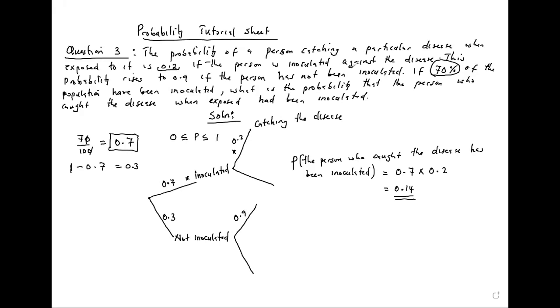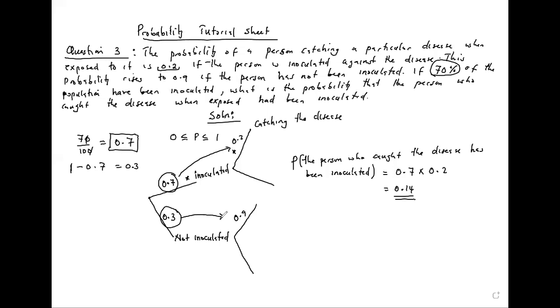So you first go for the population. How many people do I have? We have 0.7 inoculated, 0.3 not inoculated, so that the total is 1. From there, of those inoculated, what is the probability of them catching the disease? It is 0.2. Of those not inoculated, what's the probability of them catching the disease? It is 0.9.